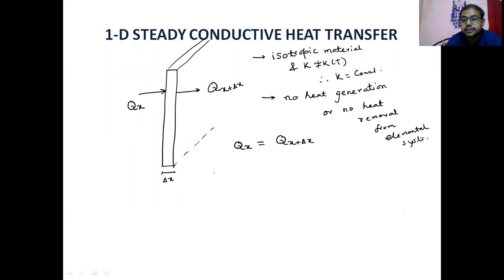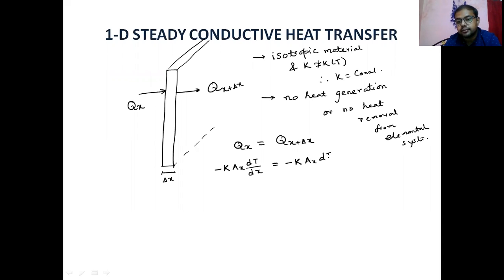What is Qx? Qx is minus k Ax dT/dx. Here we have to do a Taylor series expansion because the coordinate is changing.